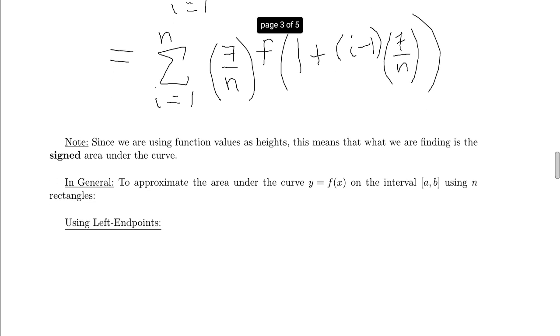One thing to note, and we kind of talked about it in section 5.1, but we didn't necessarily see an example of it. Since we are using the function values as the heights, we get the heights of each rectangle from the function, this means that what we are finding is something called the signed area under the curve. You can imagine that if the y values fell below the x-axis, if they were negative, what would end up happening is that we would get negative area.